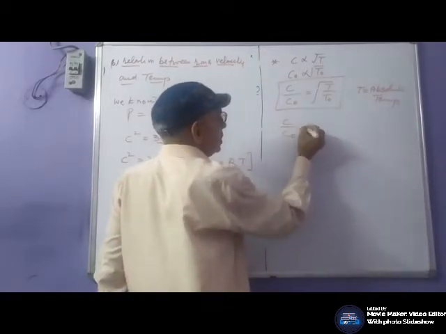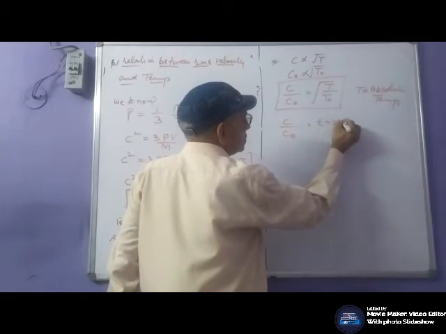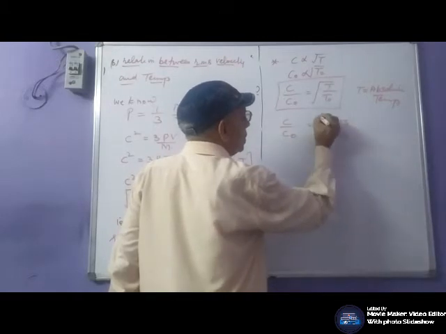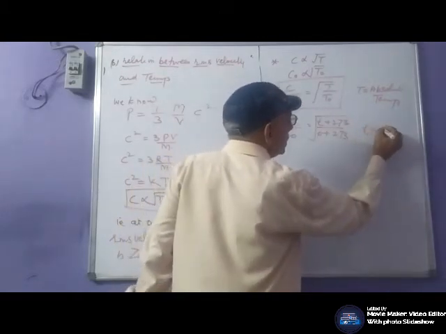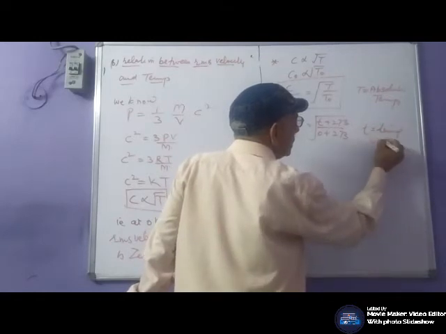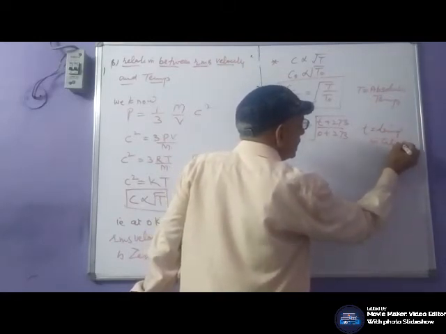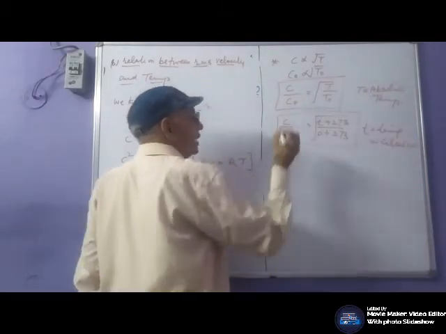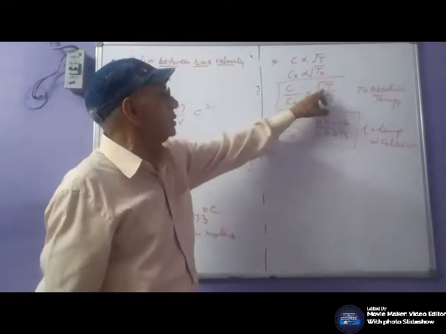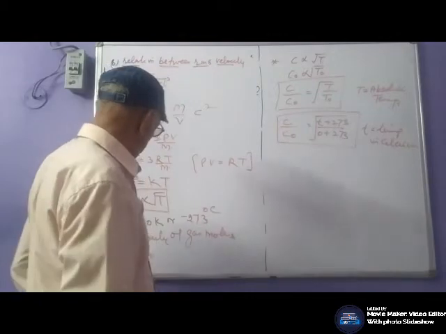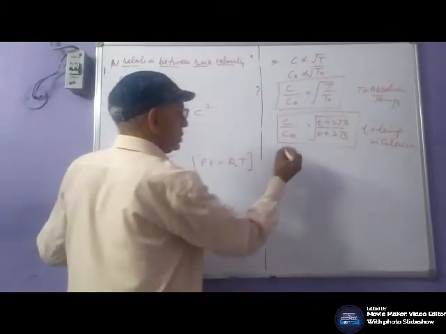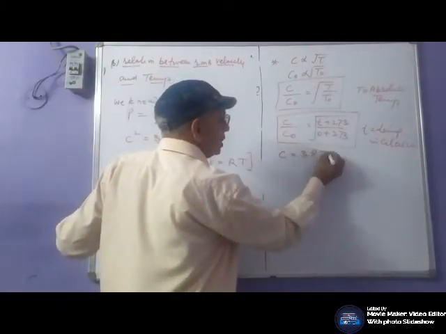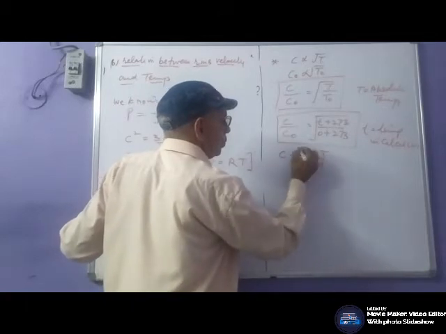With temperature in Celsius, c by c naught equals root of (T + 273) by 273. So remember, for numericals, c by c naught is this, as well as c equals root of 3RT by M.